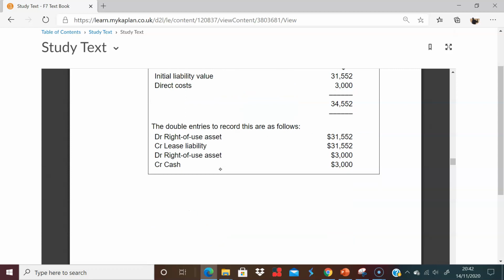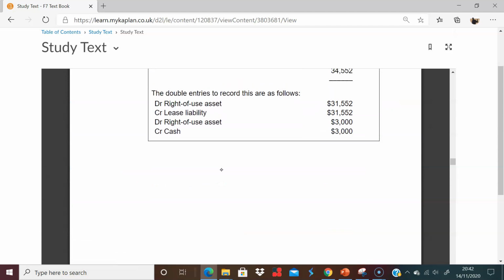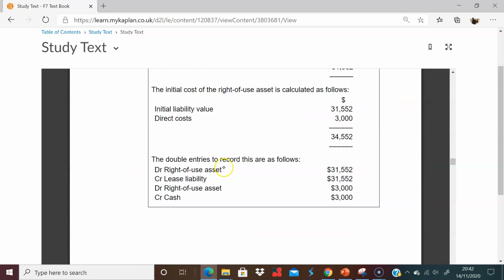They just wanted the double entry. That's all they wanted. They did not depreciate. They just wanted us to calculate what we'd be doing. So you can see their debit right of use asset 31,552, debit right of use asset again 3,000, credit bank of course, and then credit the lease liability with the 31,552. Cool, great stuff. And that brings us to the end of video 1.